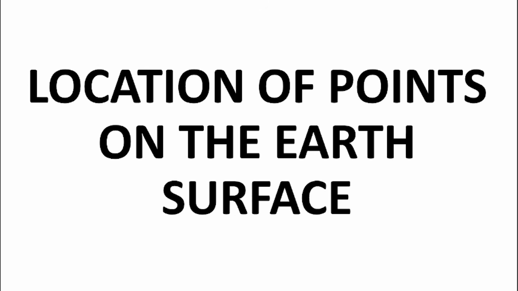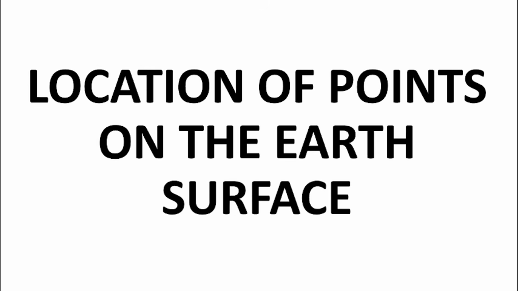Nigeria as a country that I am in right now, and Lagos State where I am right now, fall on a particular line of latitude and a particular line of longitude on the Earth's surface, and that is what we call the geographical location of anything on the Earth's surface.